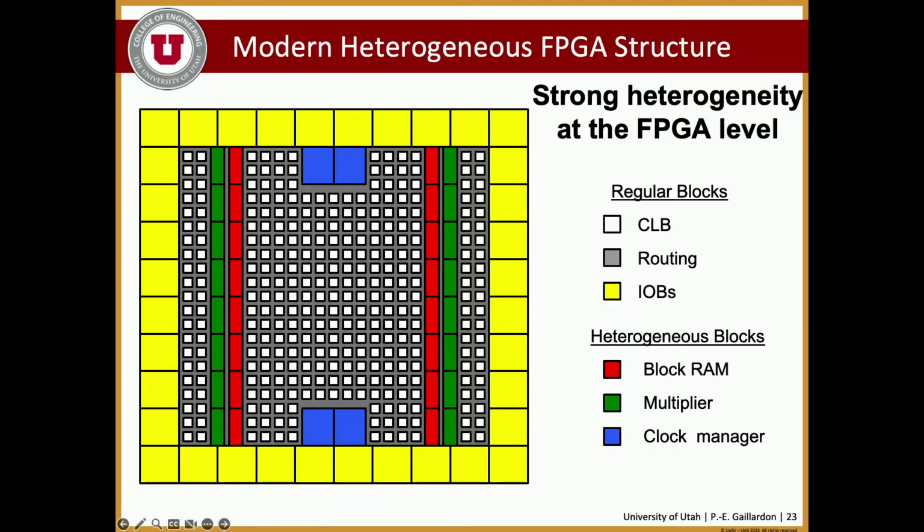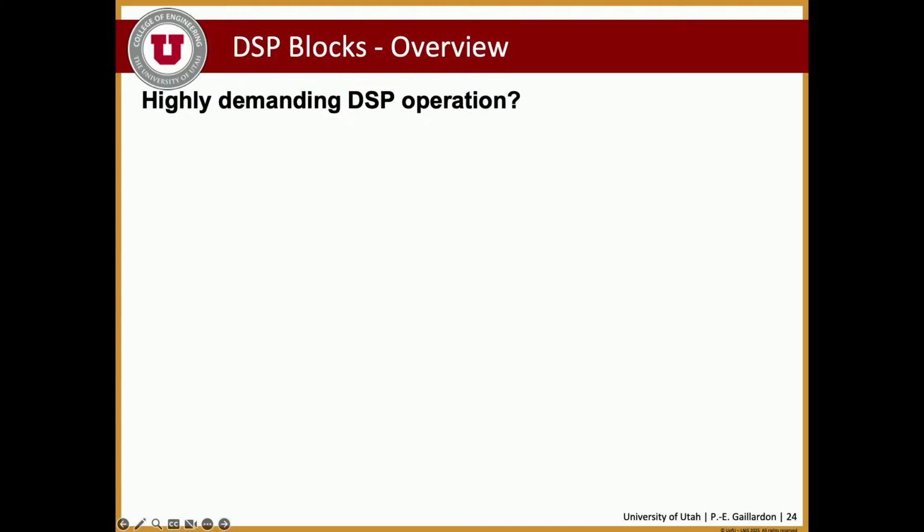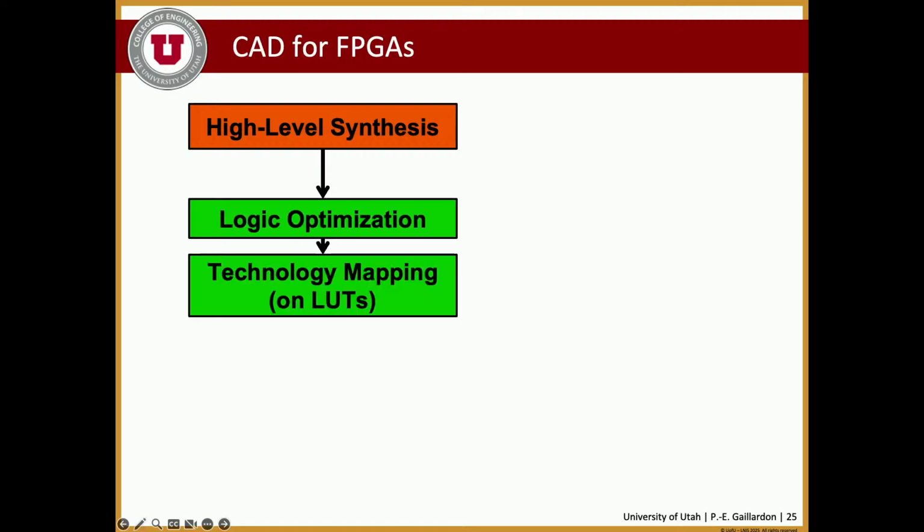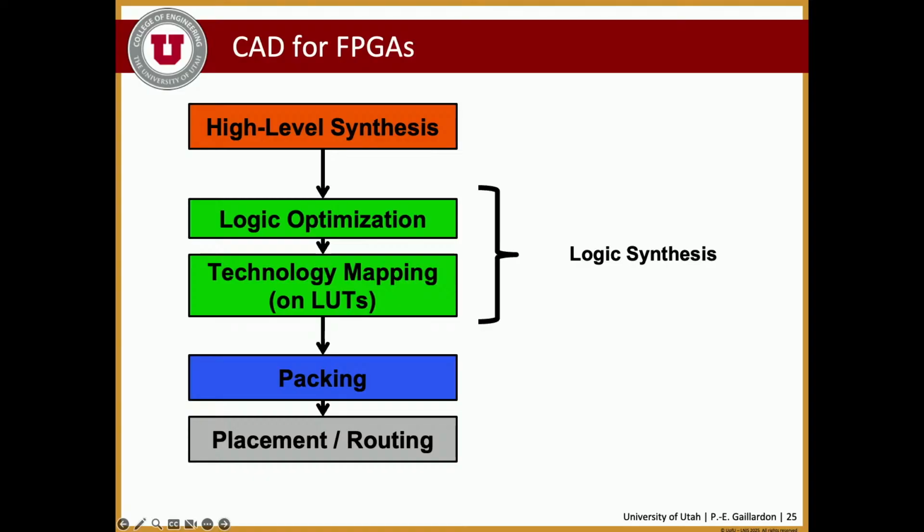So again, it's always a game of finding what is the proper resource that you need to use to implement inside of your fabric. And now, while we have a very nice hardware platform, we need CAD to support these various blocks. And I'll pass on the details here, but that's where you have to take your entire arsenal of techniques from high-level synthesis to logic optimization, logic synthesis, tech mapping, and then physical design, packing, placement, routing, all that kind of stuff.